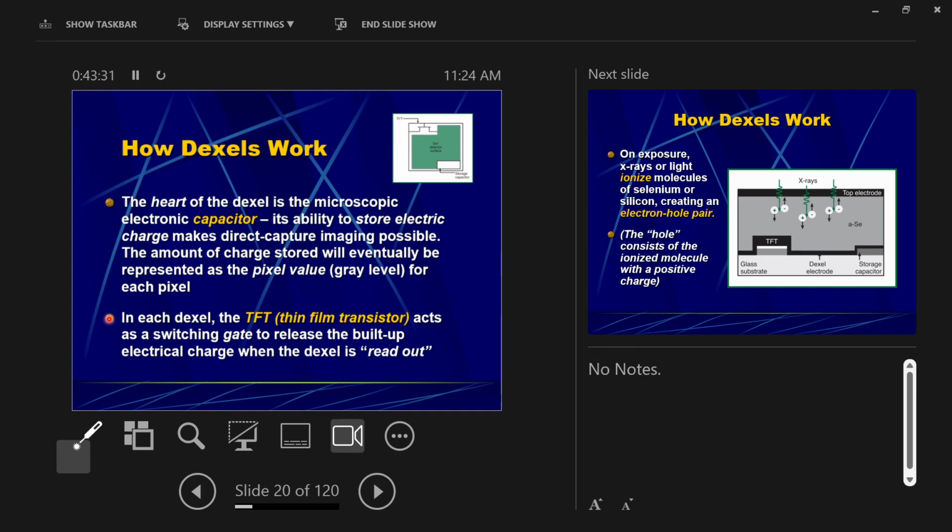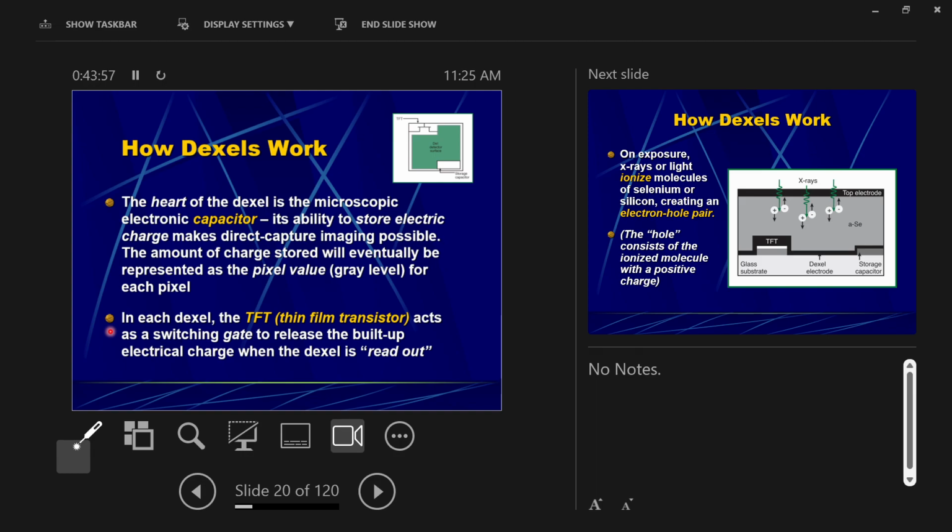Okay, so each DEXEL also has a thin film transistor. The transistor can be thought of as a switching gate that will release the built-up charge when it's that DEXEL's turn to be read out. So it's like school or getting in line at the cafeteria, you're waiting in line, right? Each DEXEL has a spot in line and it gets to send its charge to the computer when it has its turn, okay?